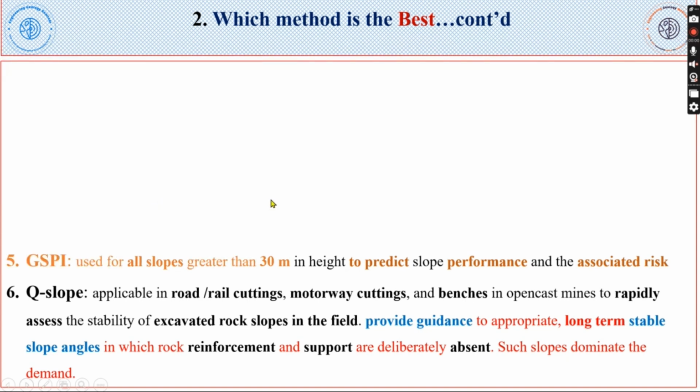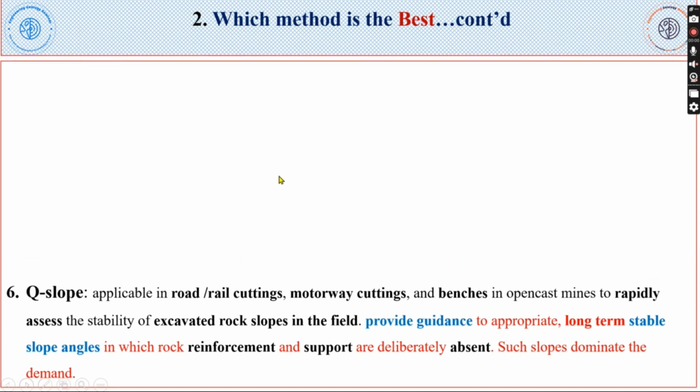The fifth method is known as the Global Slope Performance Index of Sullivan, proposed in 2013. This method is used for all slopes greater than 30 meters in height to predict slope performance and associated risks.